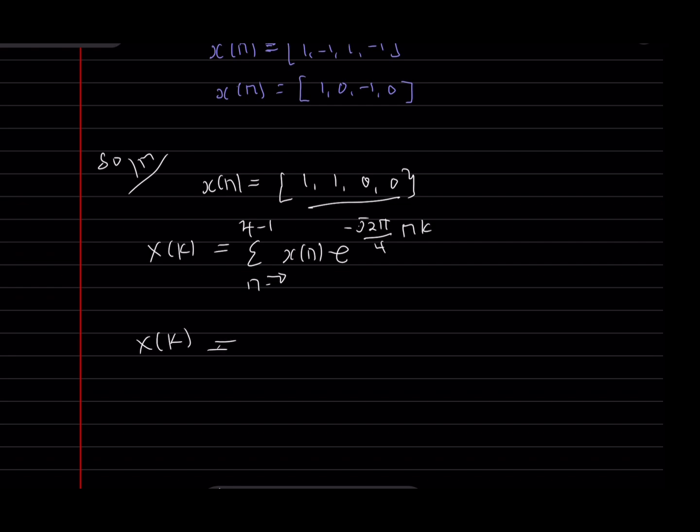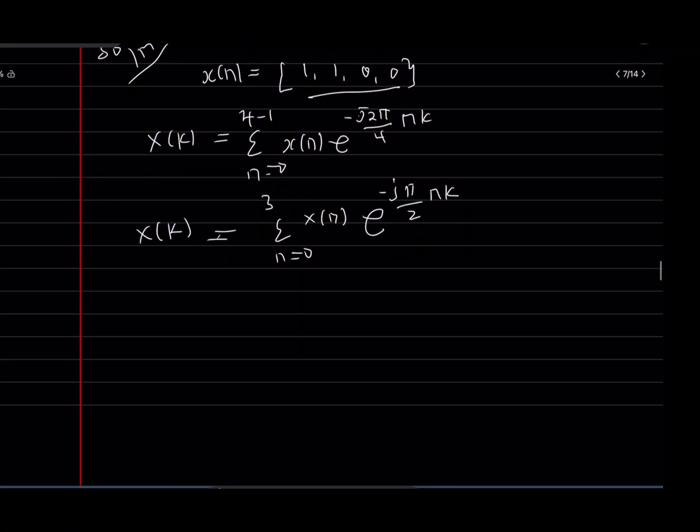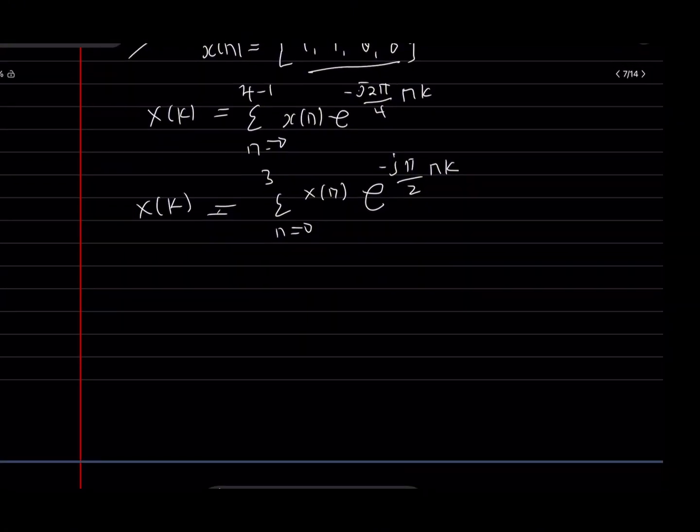This can also be written as X of k equal to summation of n equal to 0 to 3 of x of n exponent negative j pi over 2 nk.